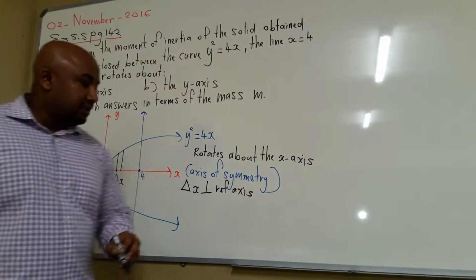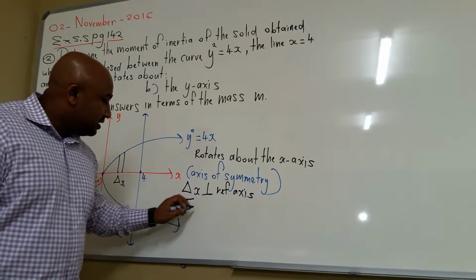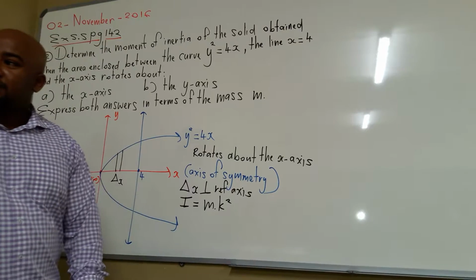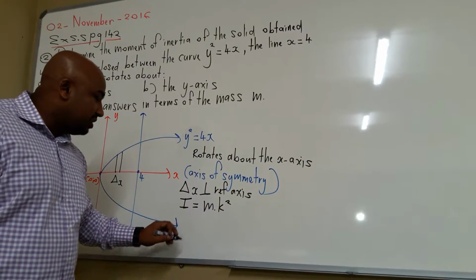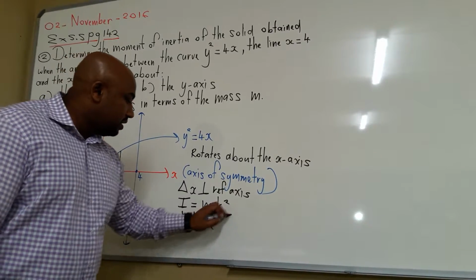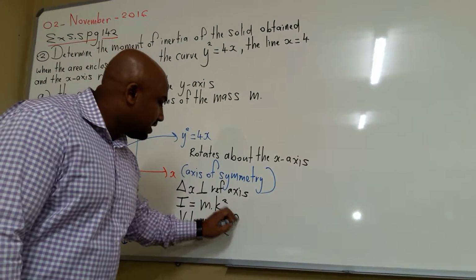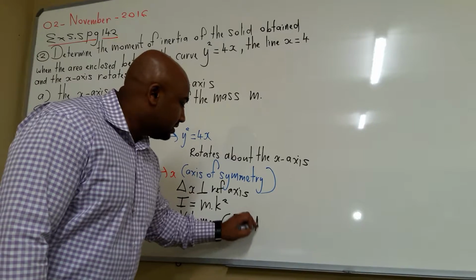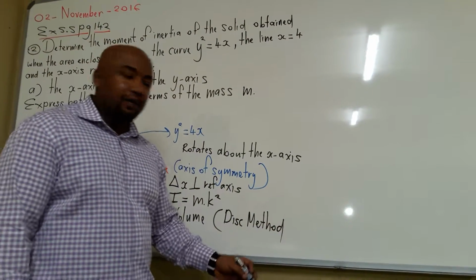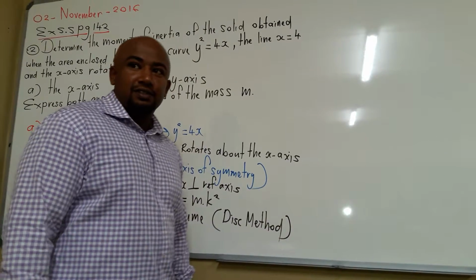If it is perpendicular, we're going to use the formula mass times k squared. Also, when we're working out the volume, we will be using the disk method. If I chose delta y, we will be using the shell method. Okay.